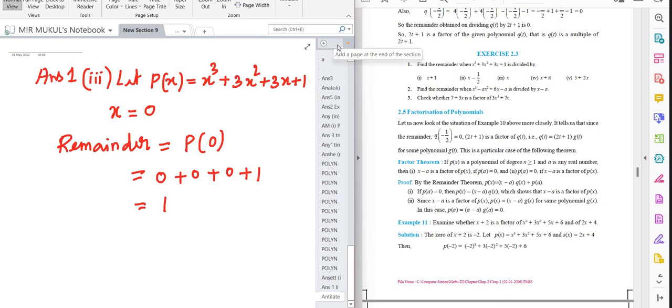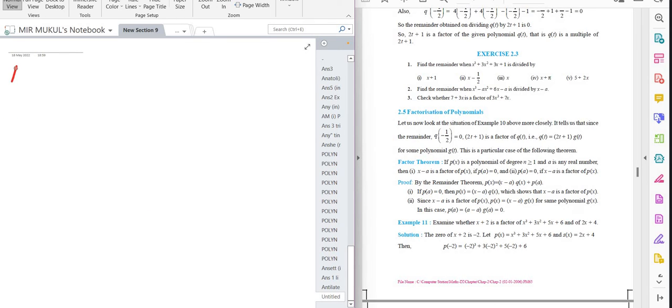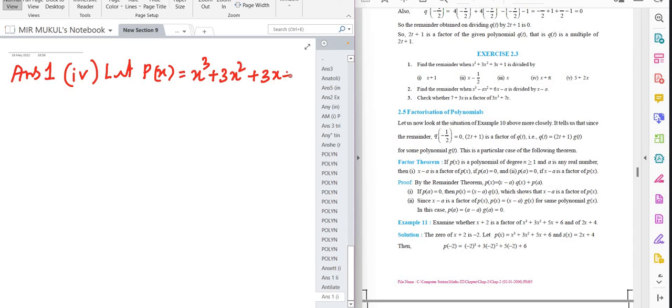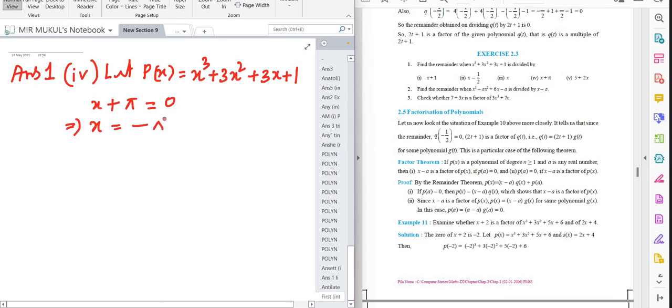This was very easy. And then answer 1 part 4. Let P(x) equals x cube plus 3x square plus 3x plus 1. So you are dividing by x plus what? Pi. So x plus pi equals 0 you will write. So x equals how much? Minus pi.